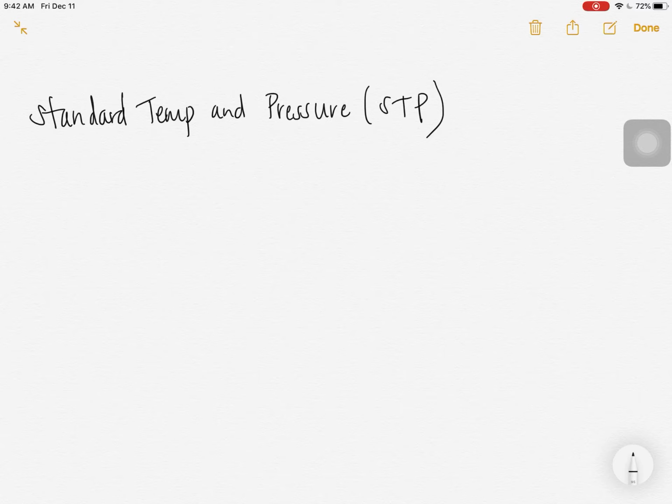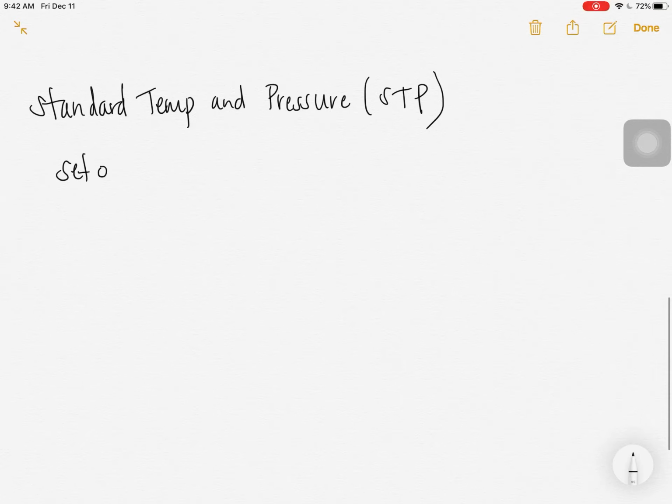All right, and the last kind of topic for this intro is something called STP, or standard temperature and pressure. Basically, it's just a set of conditions, and scientists and chemists use them to kind of standardize the discussion of gases. Of course, pressure deals with gases, so when we talk about STP, we're always normally referring to gases.